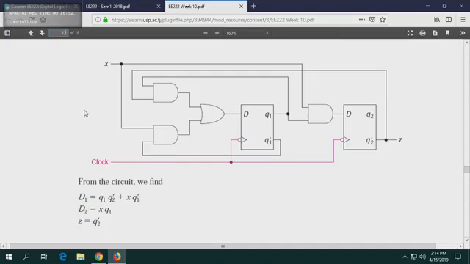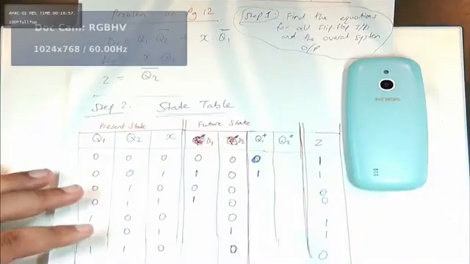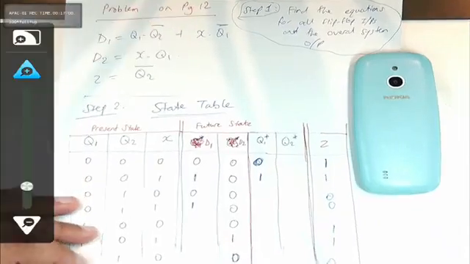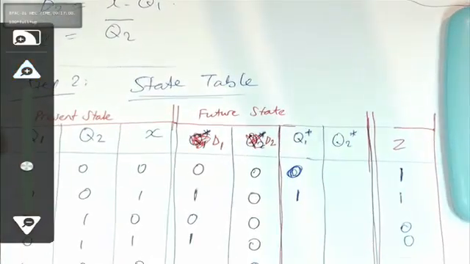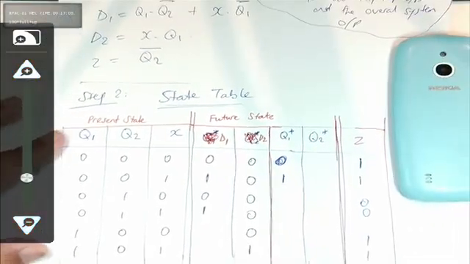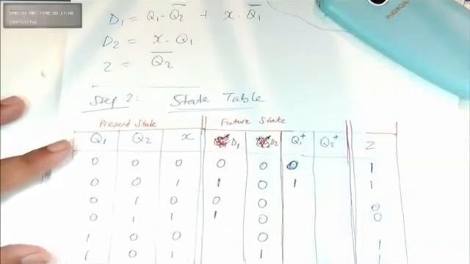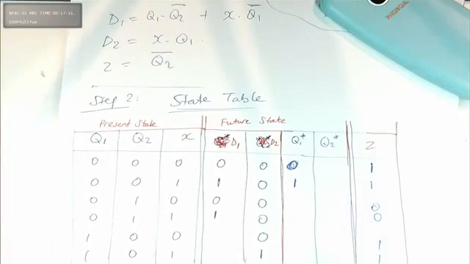Step 2 is we make our state table. Sorry, there's a mistake here in the state table. Let me correct that.